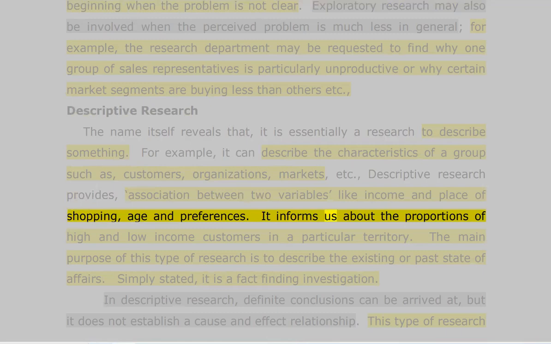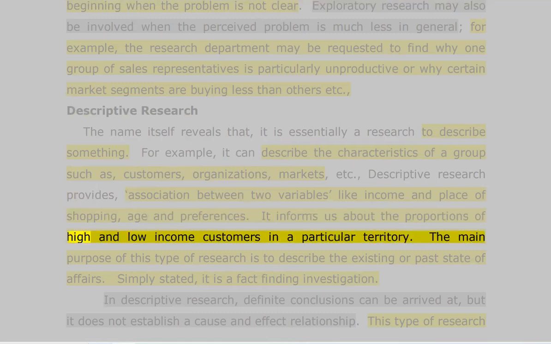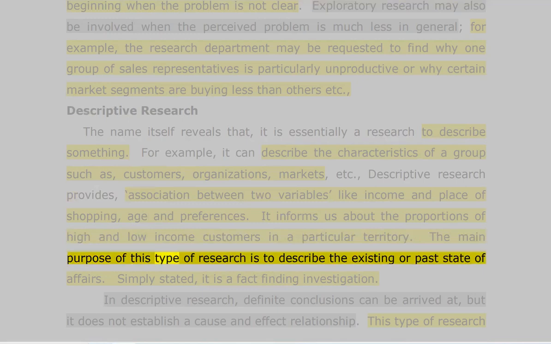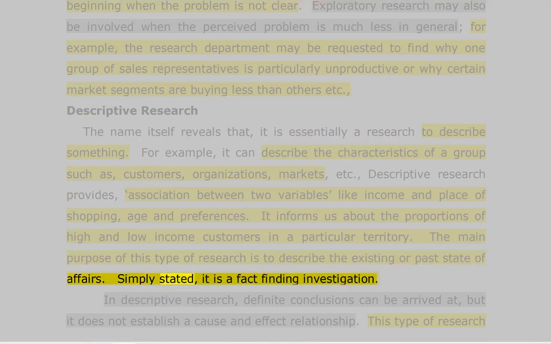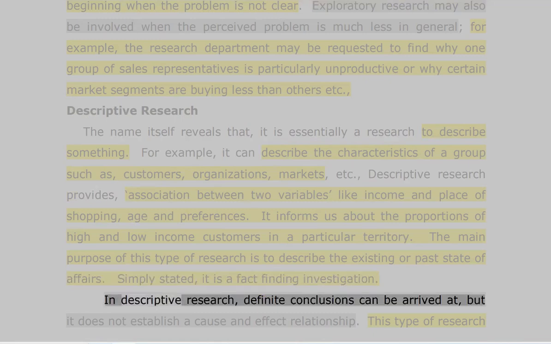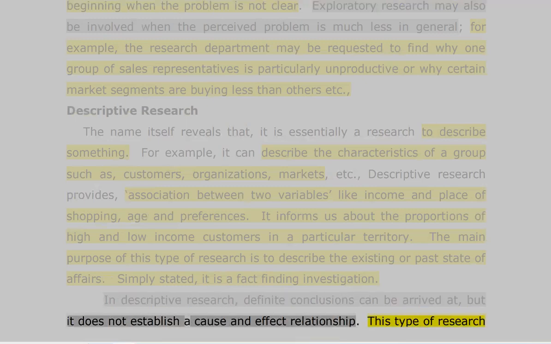It informs us about the proportions of high and low income customers in a particular territory. The main purpose of this type of research is to describe the existing or past state of affairs. Simply stated, it is a fact-finding investigation. In descriptive research, definite conclusions can be arrived at, but it does not establish a cause and effect relationship.